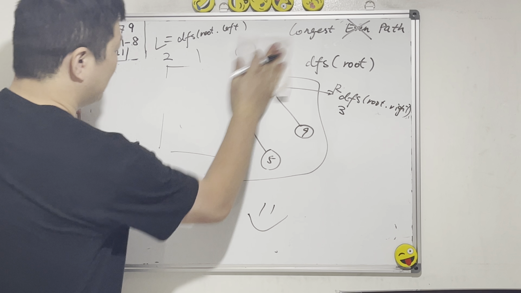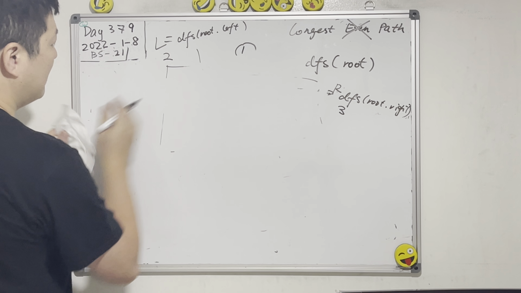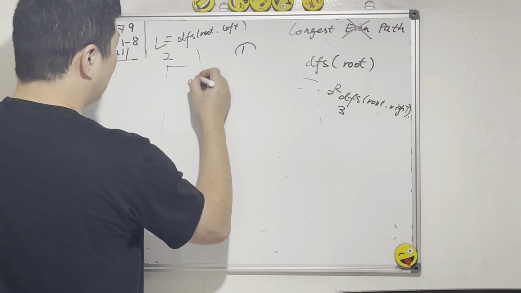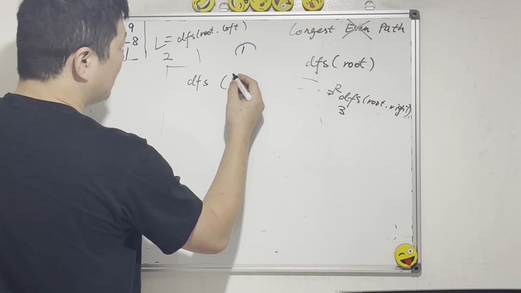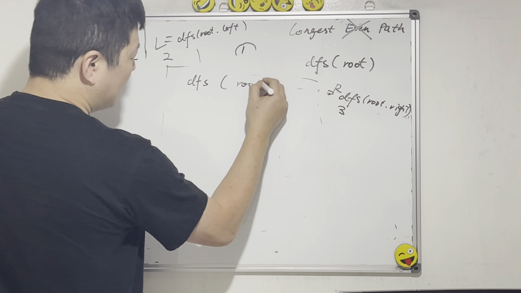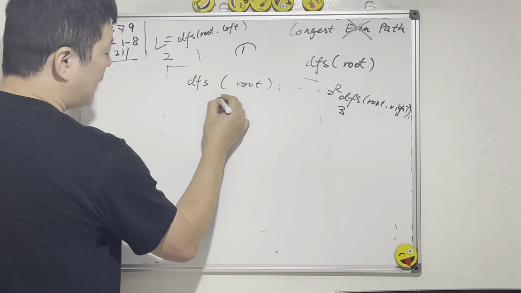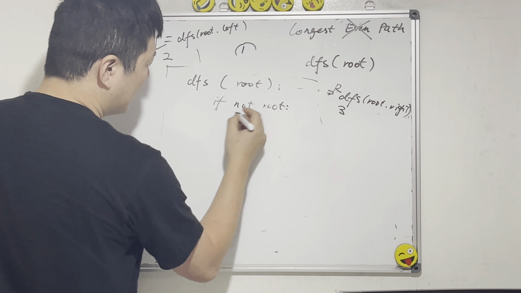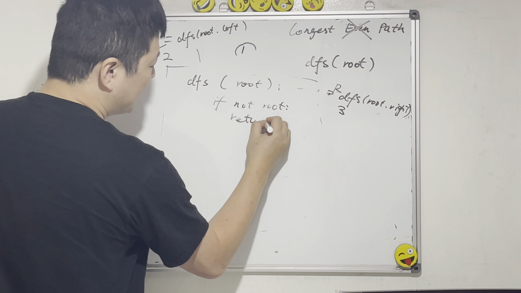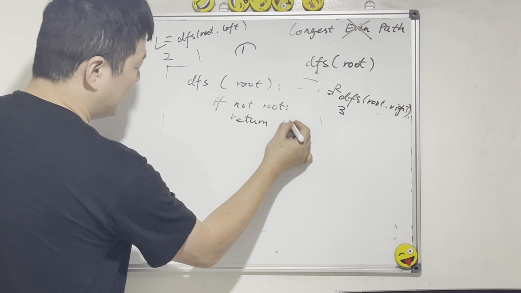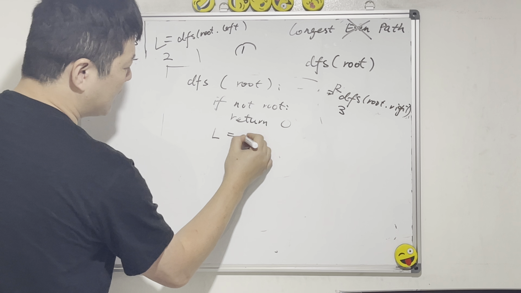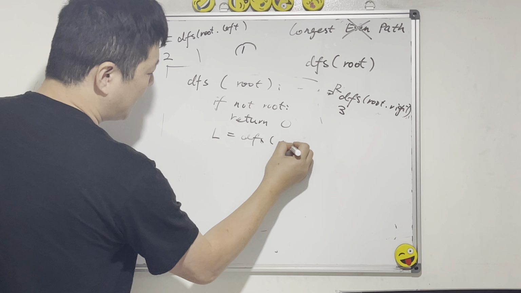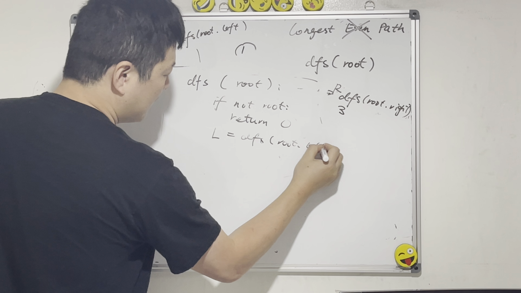Let me just write it here. Depth first search root. If not root, return what? 0, easy. Left equals depth first search root dot left.